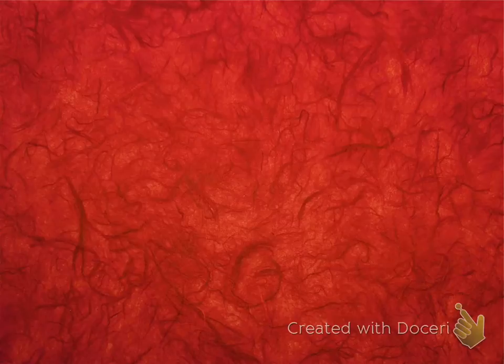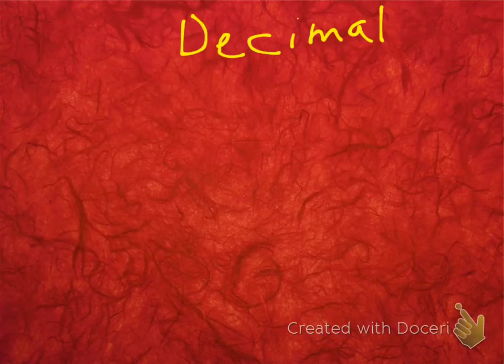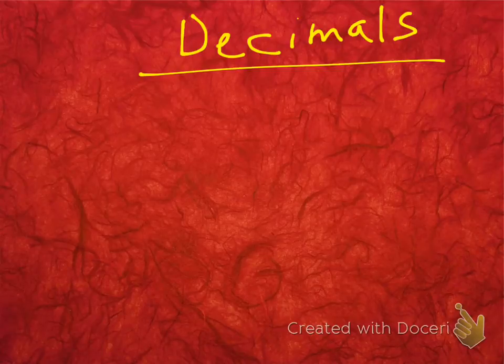All right? So now we're going to do a little bit of reviewing, and we're going to talk about decimals. Hopefully you guys know your rules with decimals and fractions, but we've still got to make sure to cover our bases here. Alright, so on decimals. First we're going to talk about add and subtract.